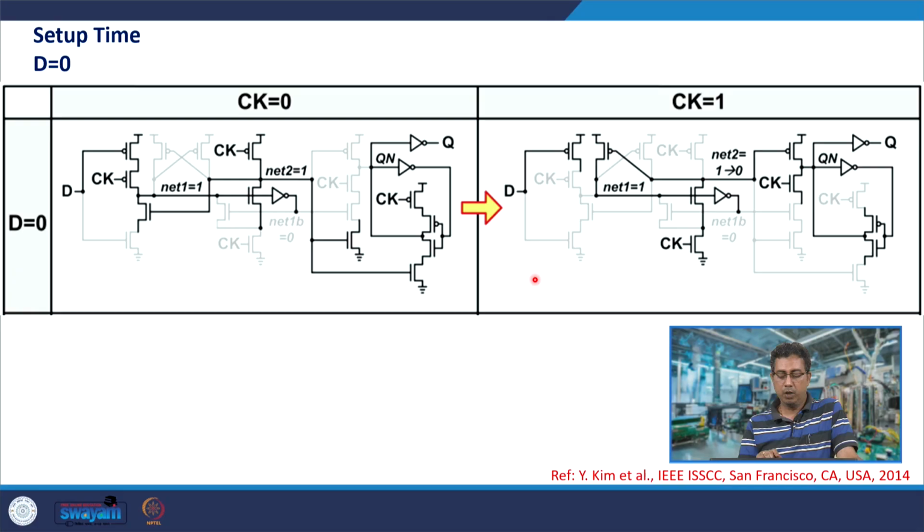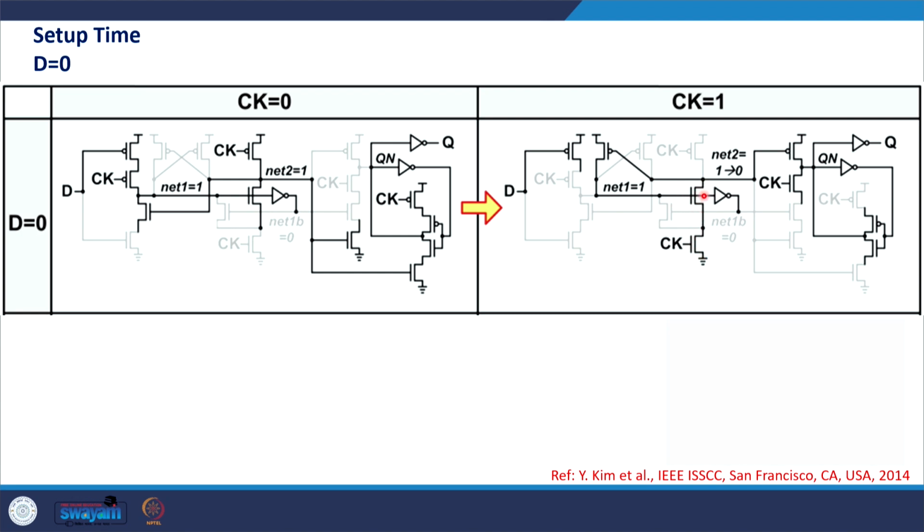What is the setup time of this flip flop due to? So what should happen before the clock turns high? Once the clock turns high, when D is 0, Qn should get charged through this transistor. So we should find that this transistor is on once the clock turns high, because there is no other path. This path is connected to 0 only if this transistor is on.